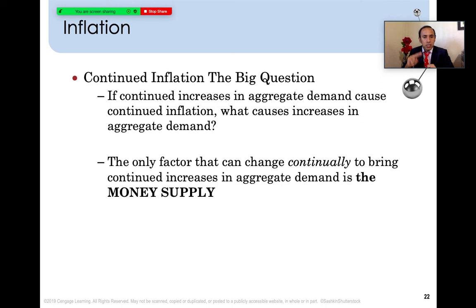Too much money chasing too few goods, and consumers demanding goods and services, can indeed increase the aggregate demand in the market and generate inflation through the money supply process, or significant increases in the money supply when we're looking at economic activity. So it's important to maintain stable money supply factors in any economy to prevent ongoing inflation.